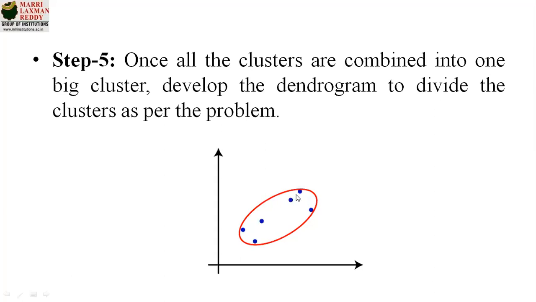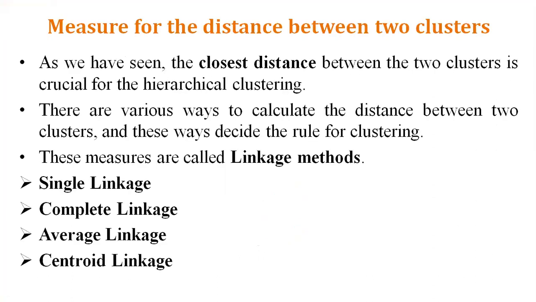According to distance only. According to the closest distance, or the nearby neighbor of that value, we are going to combine, right? As we have seen, the closest distance between the 2 clusters is crucial for hierarchical clustering. So if I want to group points into clusters, distance plays an important role.